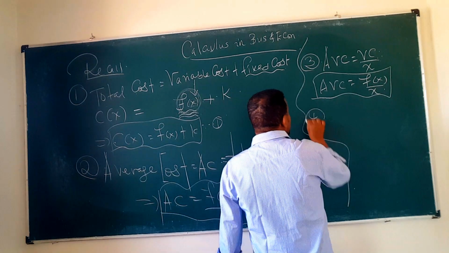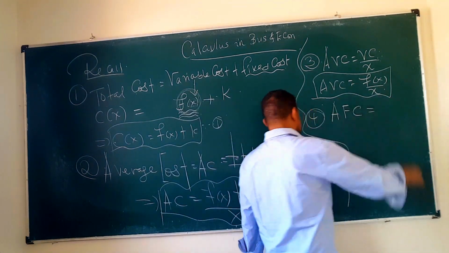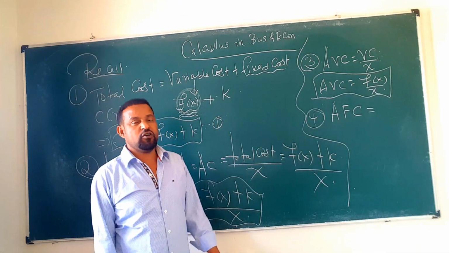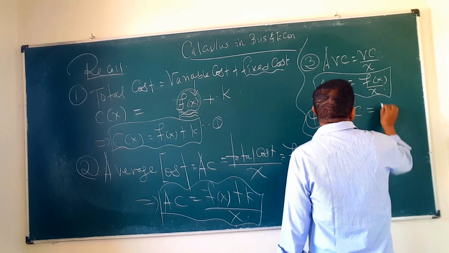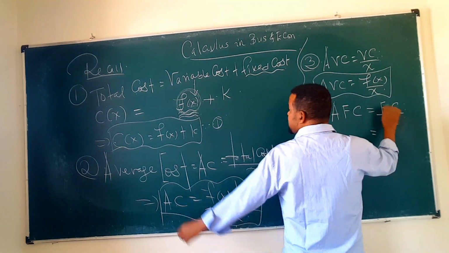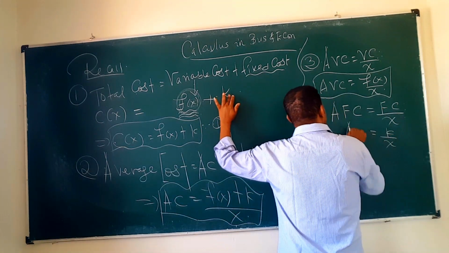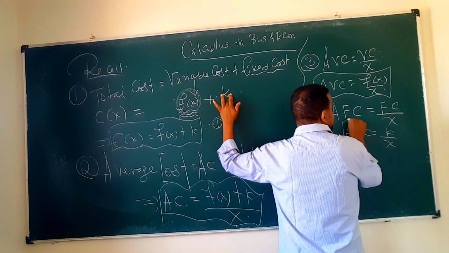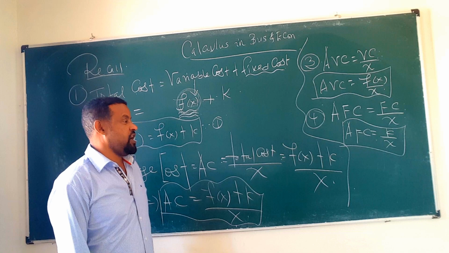The fourth formula that you should remember is the average fixed cost. The average fixed cost is given by the fixed cost divided by the output x. You know that the fixed cost is k, so the average fixed cost is given by k divided by the output x.